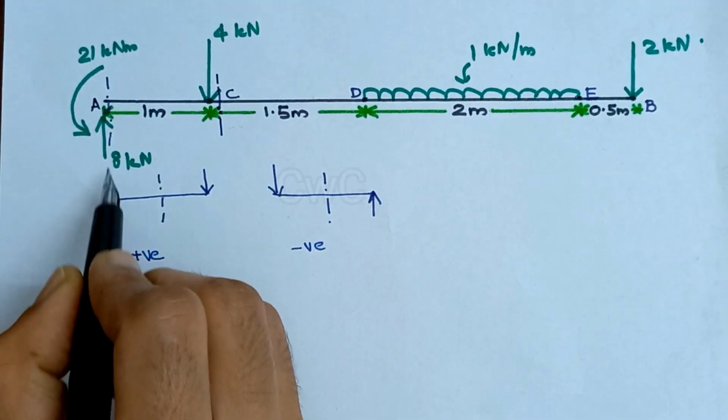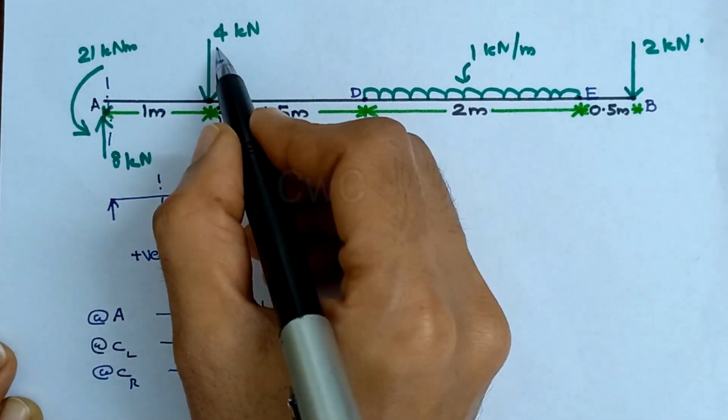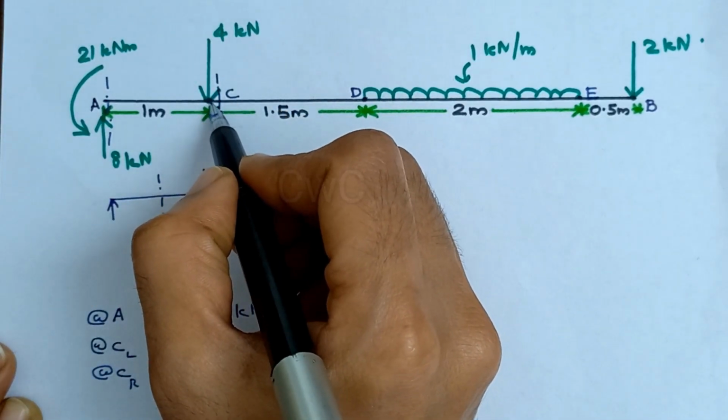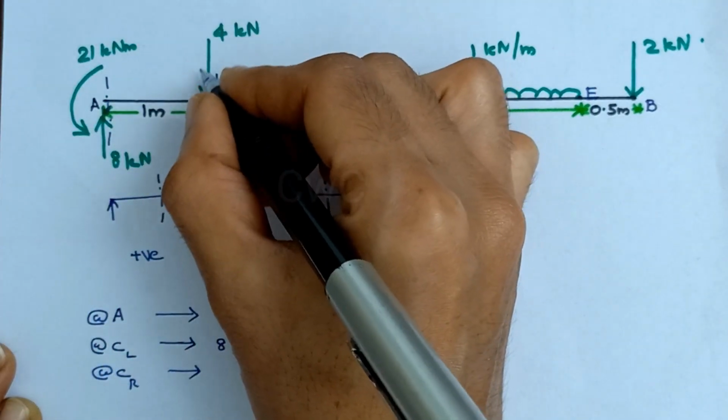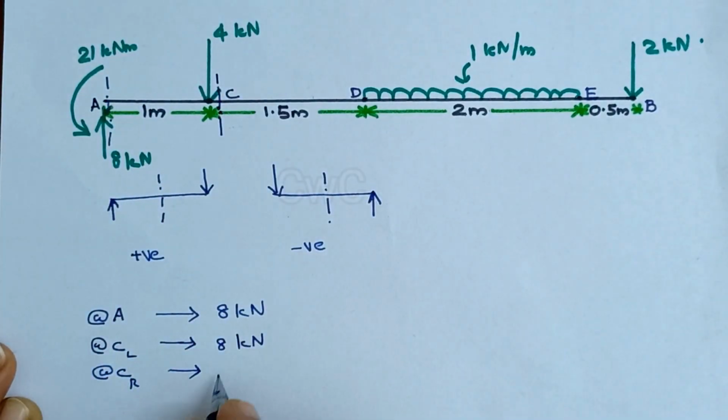Here is an upward force of 8 kilonewton and there is a downward force of 4 kilonewton. This will be positive and this will be negative. 8 minus 4 will get 4 kilonewton. So at C we will have 8 kilonewton. From that point there will be a sudden drop to 4 kilonewton.